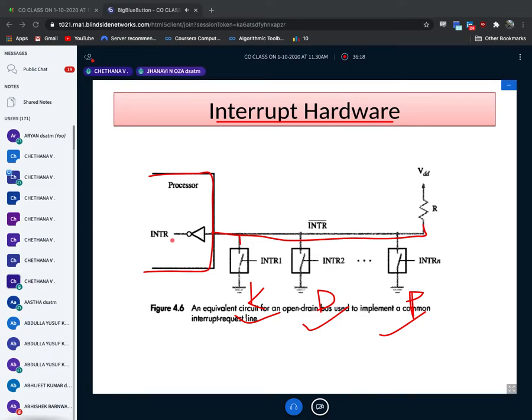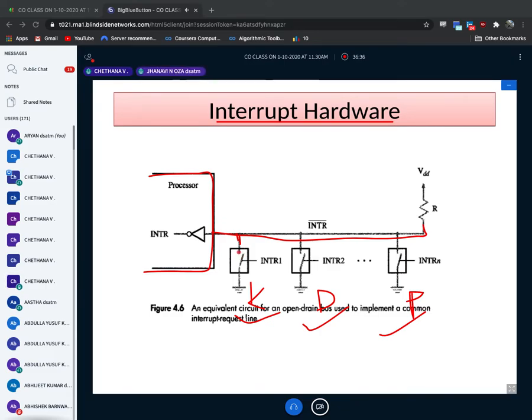What is a request? Suppose assume the processor has requested some device. So what will happen? Here these two lines will have a resistance, or we can call it a voltage.